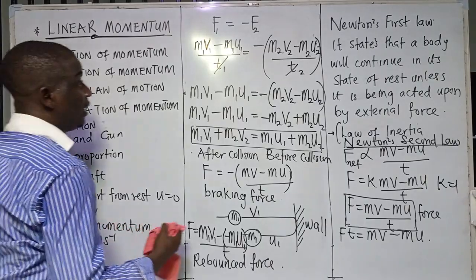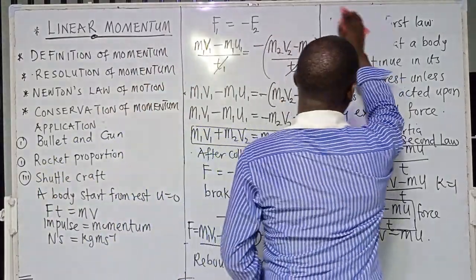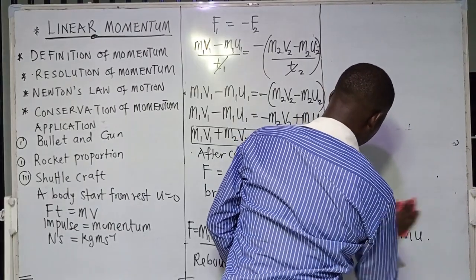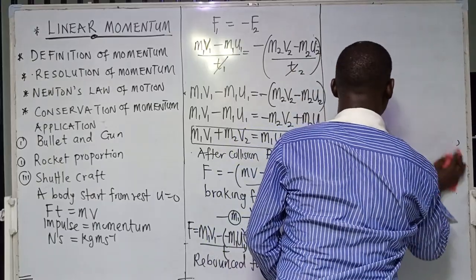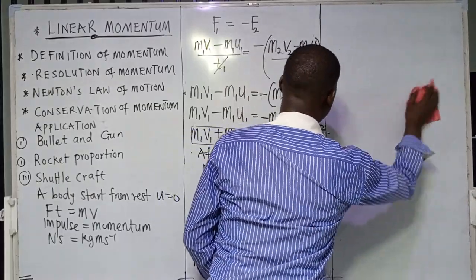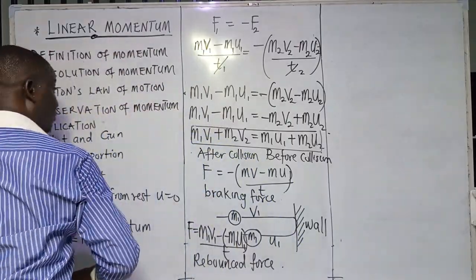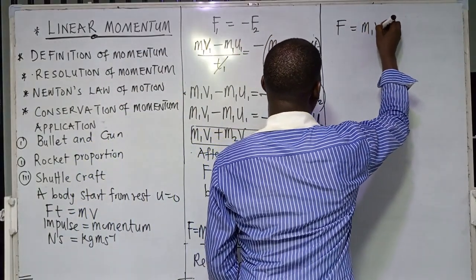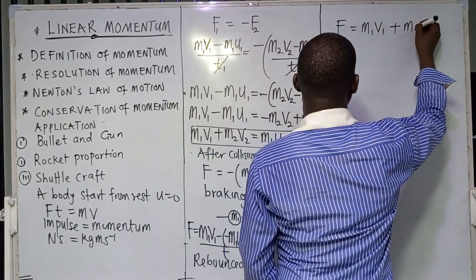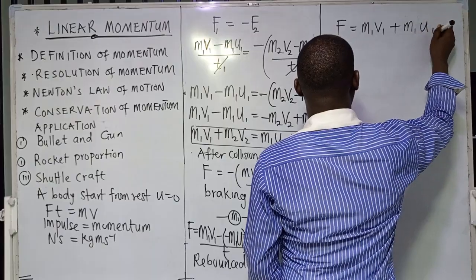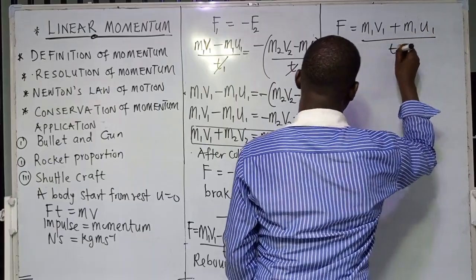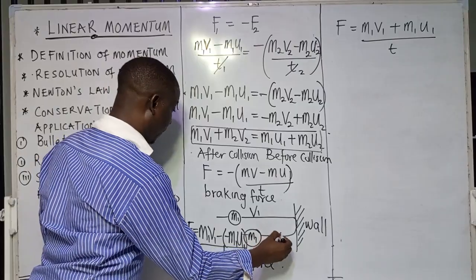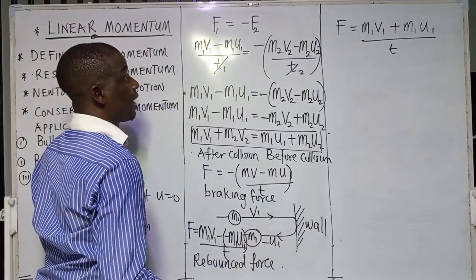If you calculate it very well, you will now have the formula: F is equal to M1V1 plus M1U1 over T for rebounding, because when it rebounds with a negative velocity in the opposite direction, it will not be minus.